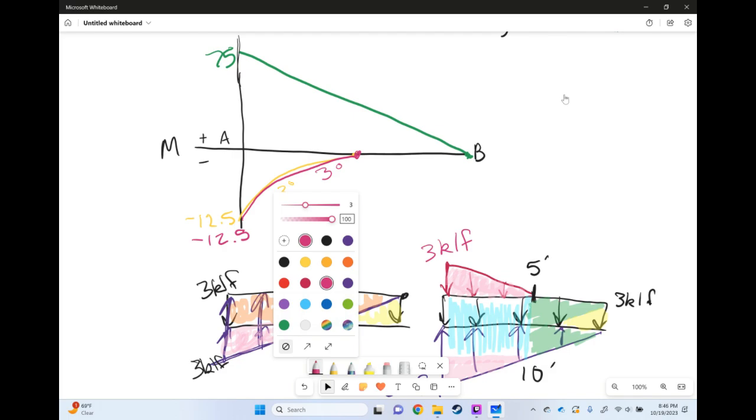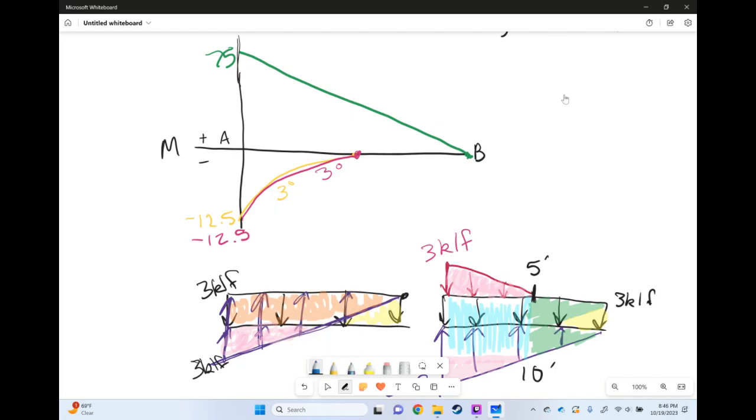Then we'll draw the black one in dark blue here. So for the dark blue one, that's going to be our uniformly distributed load. That'll be this guy. So he's 3 kips per linear foot, uniformly distributed. He's going to be going down. So we're starting at the end, and he's going to be going down.